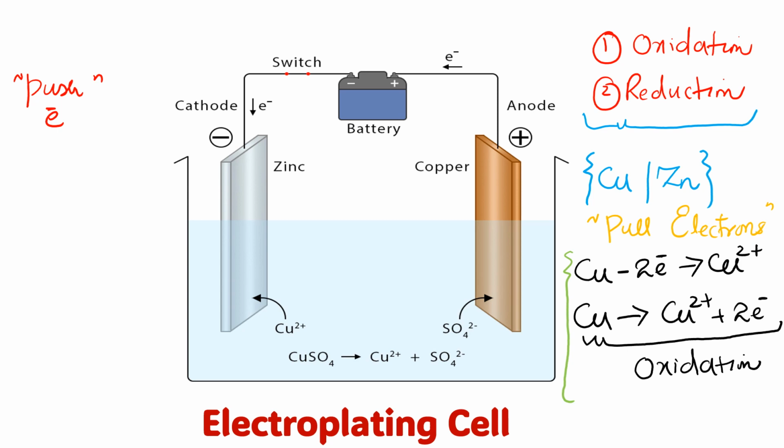Since the solution has copper ions, the copper ion Cu2+ will gain 2 electrons, and they will be converted into neutral Cu atoms. A reaction in which electrons are gained by an atom or ion is known as reduction reaction.